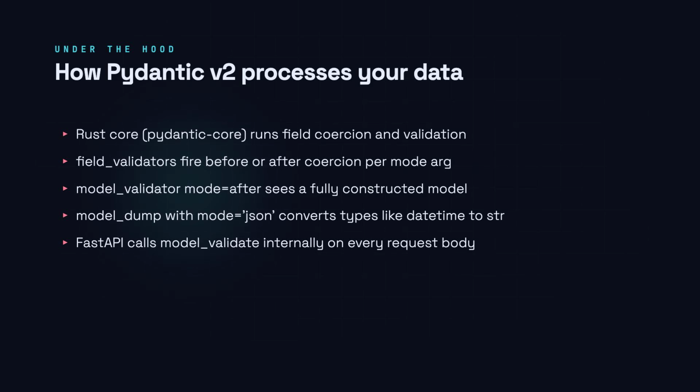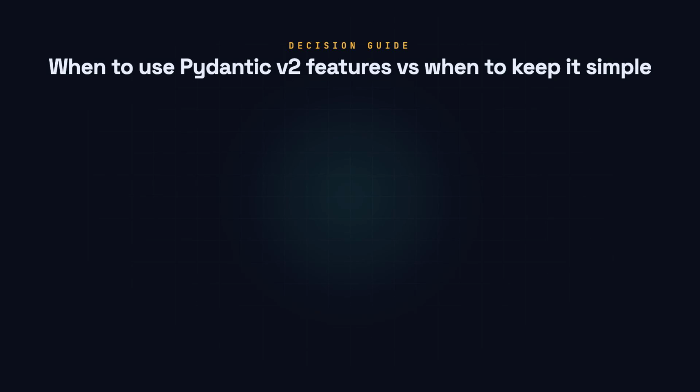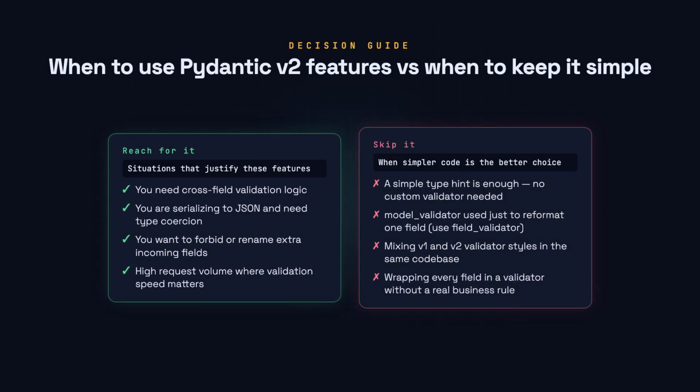The practical consequence is validation that is roughly 5 to 10 times faster than v1, with clearer error messages and no hidden magic. Reach for field_validator and model_validator when you have genuine business rules. A quantity must be positive, 2 dates must be in order, because that logic belongs in the model, not scattered across your route functions.